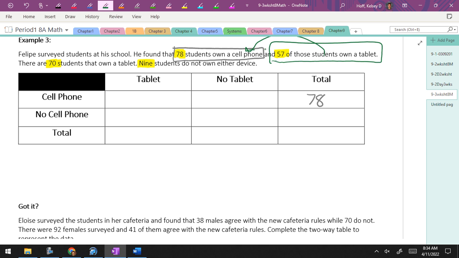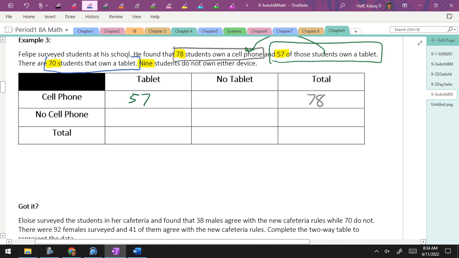They don't have a phone? 57 of those students, the ones that have a phone, also have a tablet. So cell phone, tablet, 57 here.